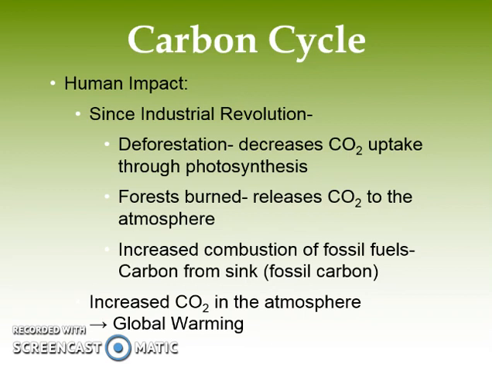So it's ultimately increasing in the atmosphere. And CO2 is a greenhouse gas, and you'll understand what that means later in the course. But ultimately, that means that we are increasing the amount of energy in the form of heat that is trapped along our planet. And that's going to have consequences.